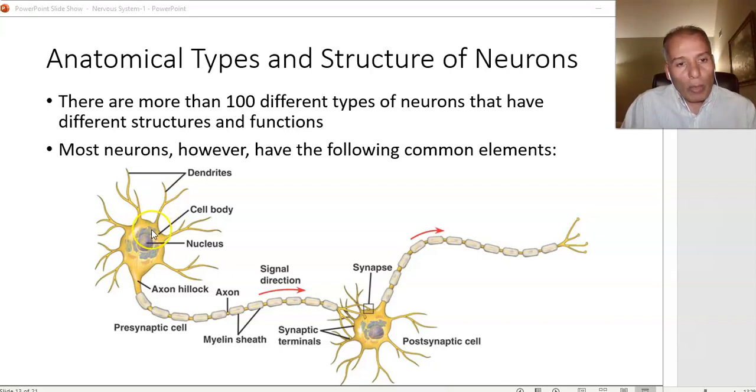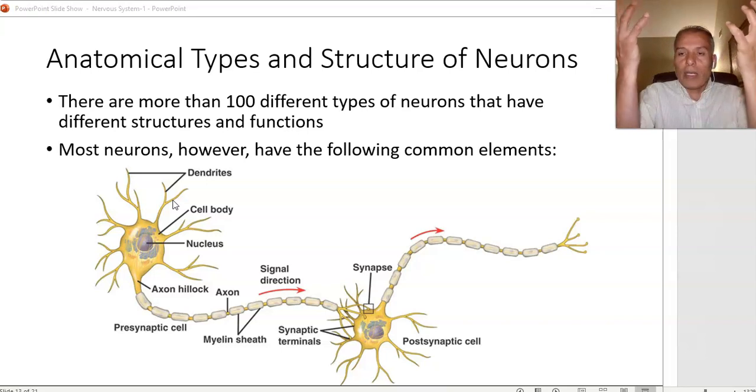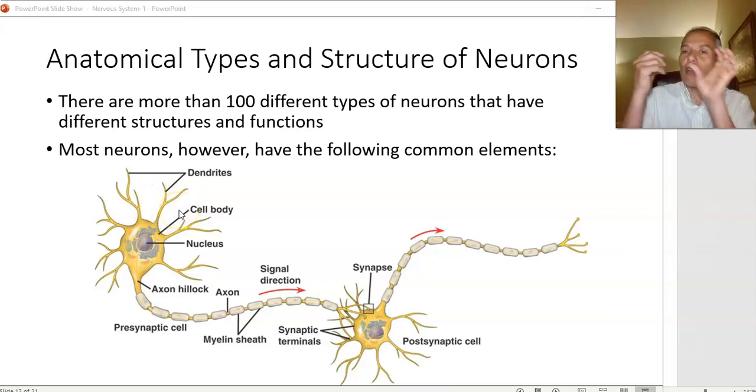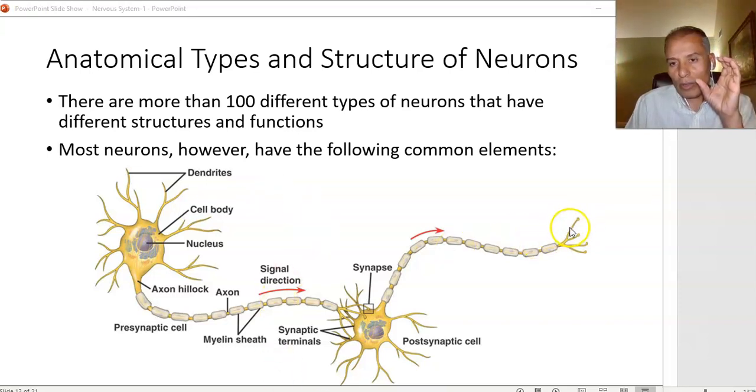Out of the cell body, there are little extensions known as dendrites. Their function is to receive signals from other neurons. Every dendrite has many areas that are shaped like this, and synaptic terminals from other neurons come.